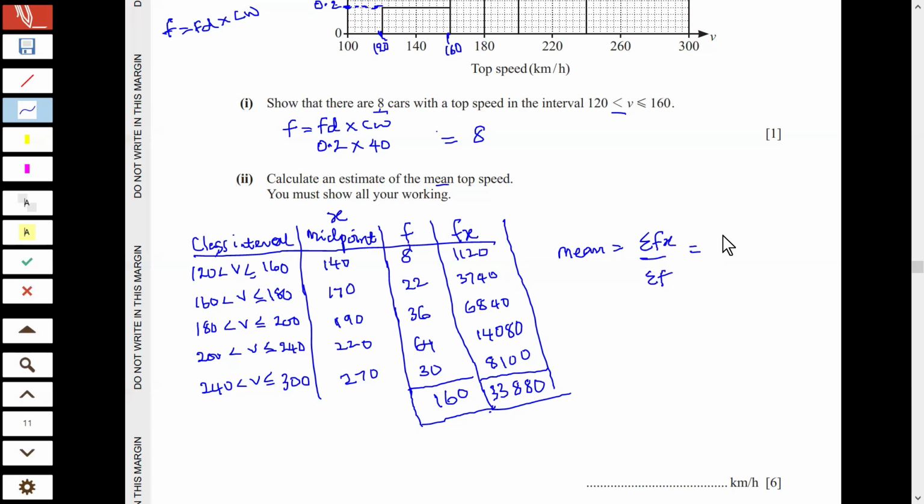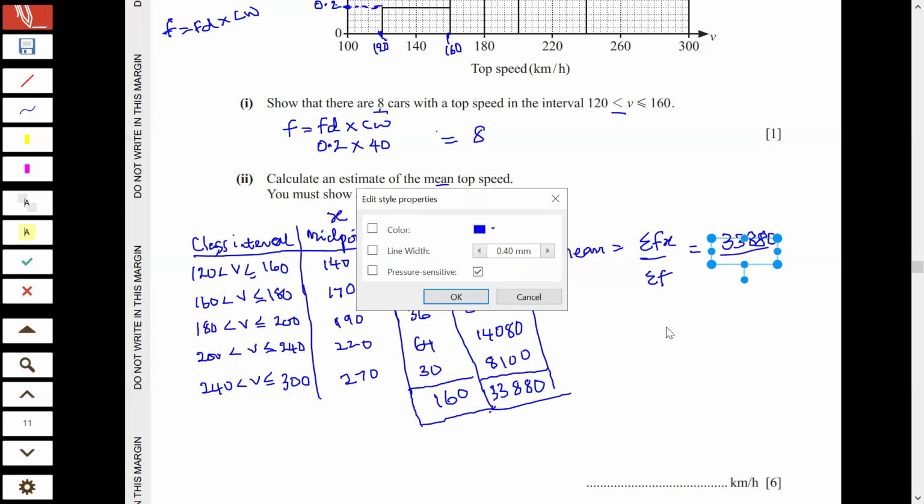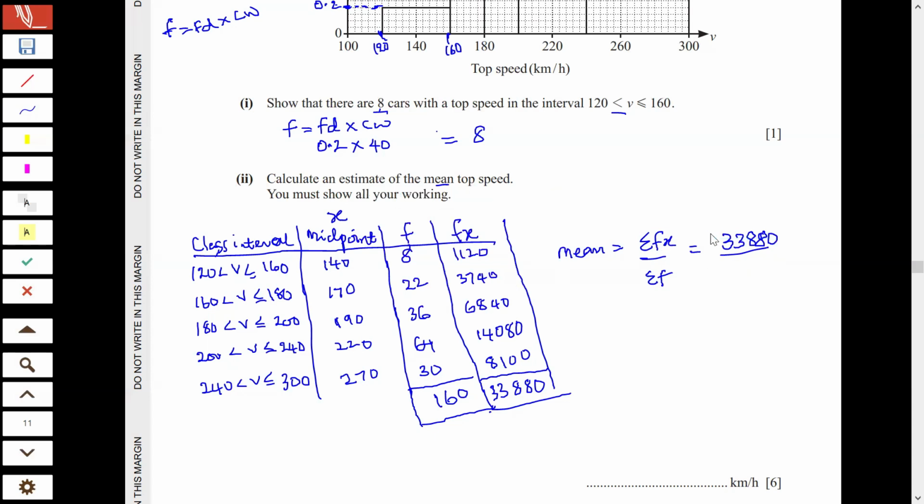And the sum of fx already from the table is given as 33,880 over the sum of the frequency.